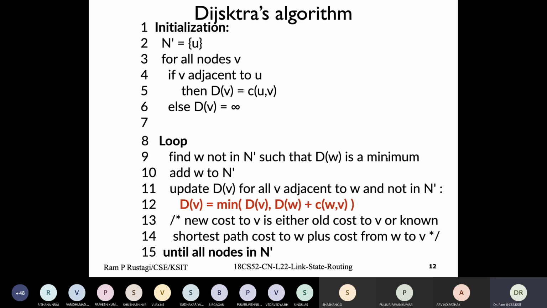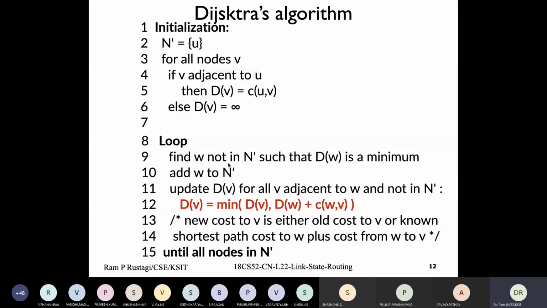Now using w, I update all the costs dv. Let's say from a given node u, I want to know the cost of v because w is added. Either the current distance to v is minimum, or I look at my edge cost from w to v plus the distance of w. Whichever is minimum, I update that and go to the loop again.